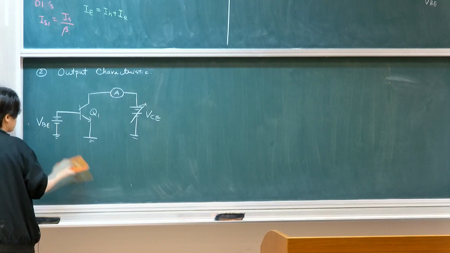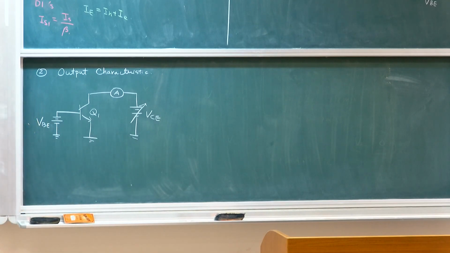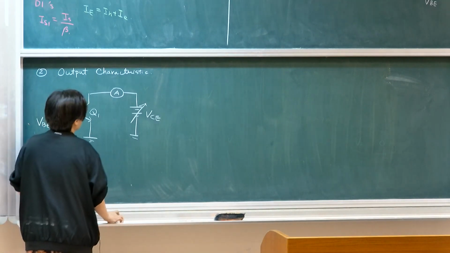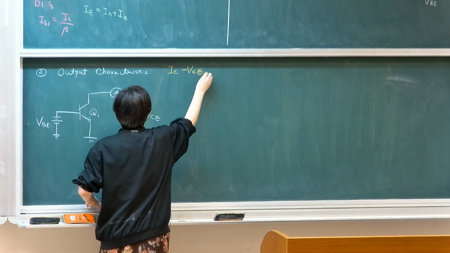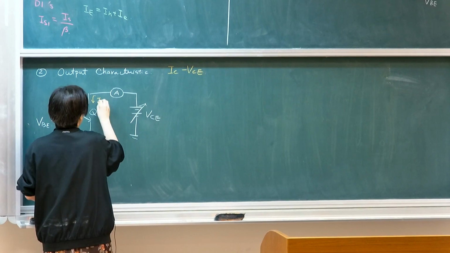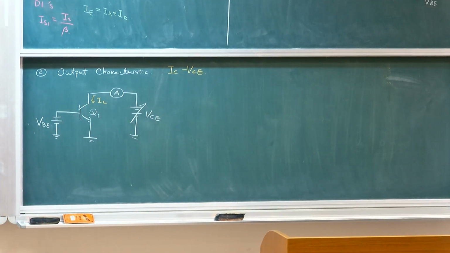So you fix your control but look at the output current characteristic. This is called the IC versus VCE characteristic. You measure IC when ramping VCE.